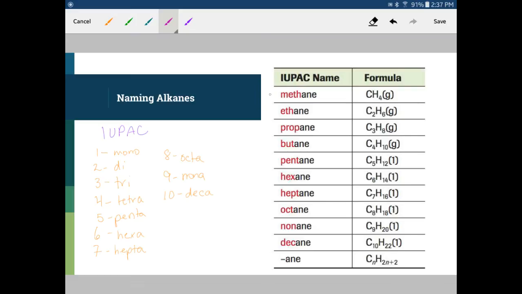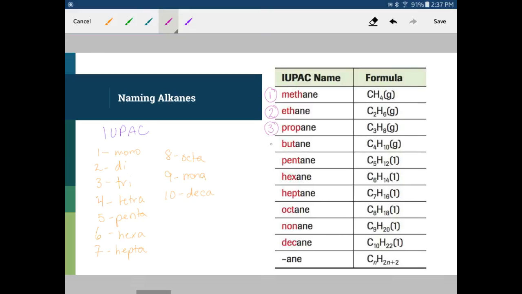Meth is the prefix for one carbon in the chain. Eth is 2 carbons in the chain. Prop is 3 carbons in the chain. But is 4 carbons in the chain. And then pent, all the way through dec, are consistent with our previous prefixes. They're not really new. We just have a new one for 1 through 4.